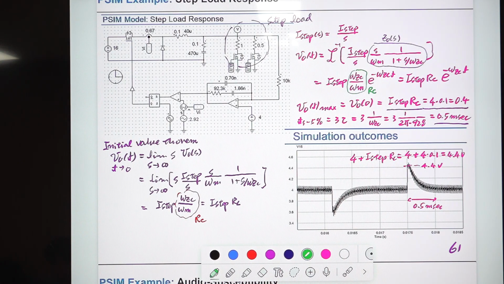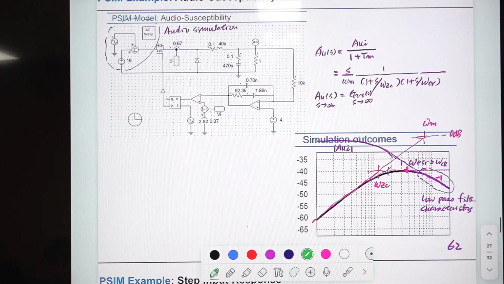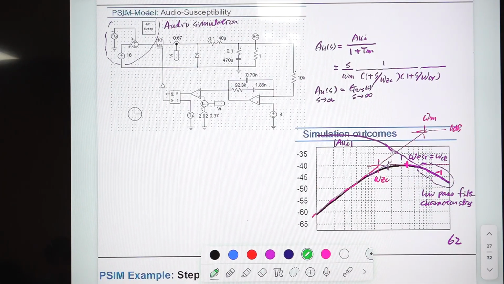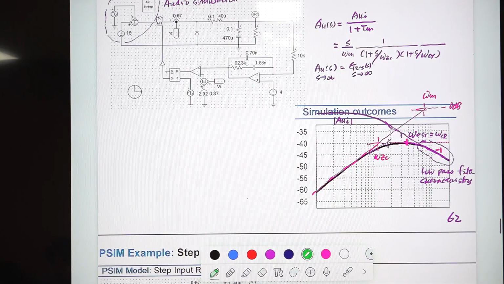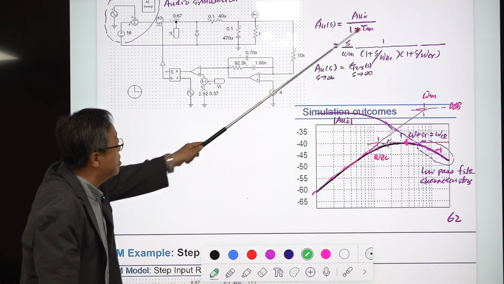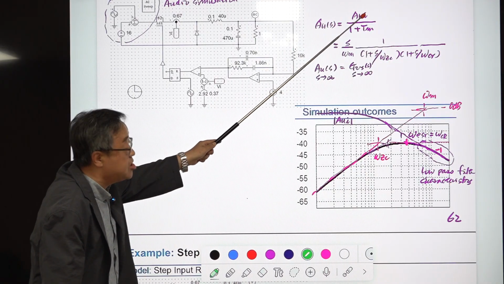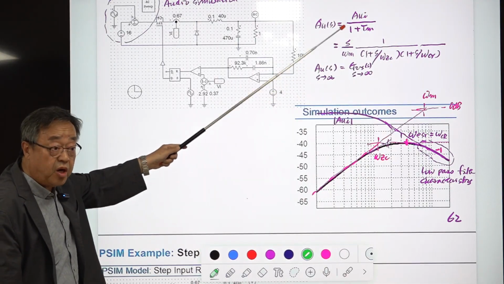All right. This is about it. Audio susceptibility has similar behavior. This is the audio susceptibility, where 1 plus Tm comes in the denominator. What is this? This is the input to output transfer function with current loop closed.